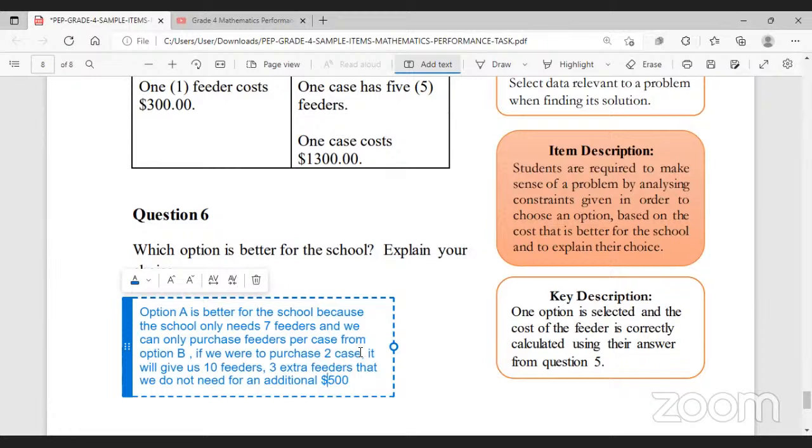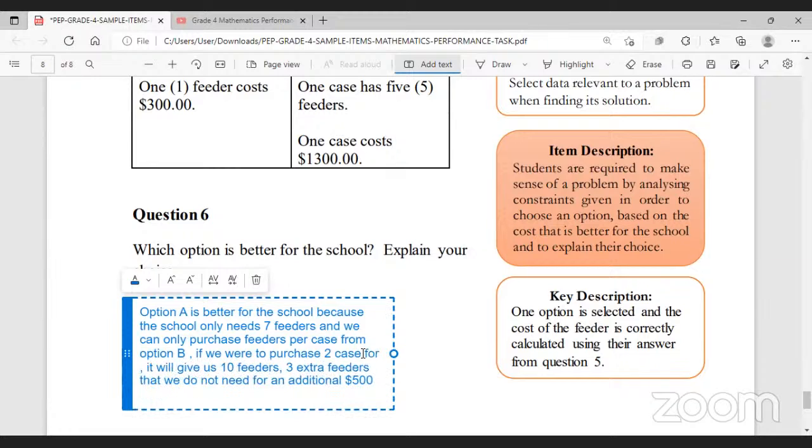If we were supposed to purchase 2 cases for 2,600, it will give us 10 feeders, 3 extra feeders that we do not need for an additional $500. And we could just go back to say, put the cost here for option A. Option A is better for the school because the school only needs 7 feeders. This would cost 2,100.